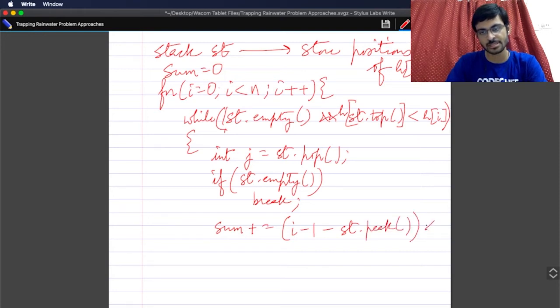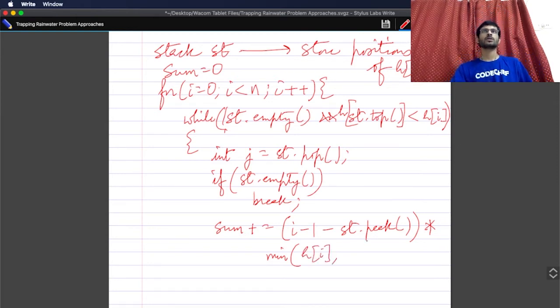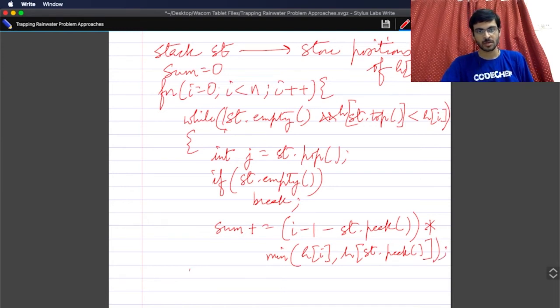So this is the distance multiplied by the minimum of the next one, which is h of i, comma, the other one, which is h of st.peek. Okay, there you go. So yes, we are not removing anything over here, we are just doing peek.